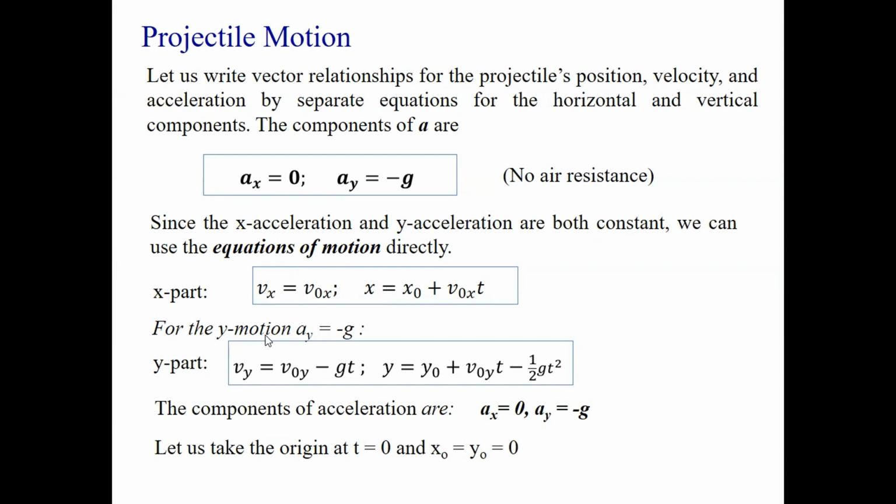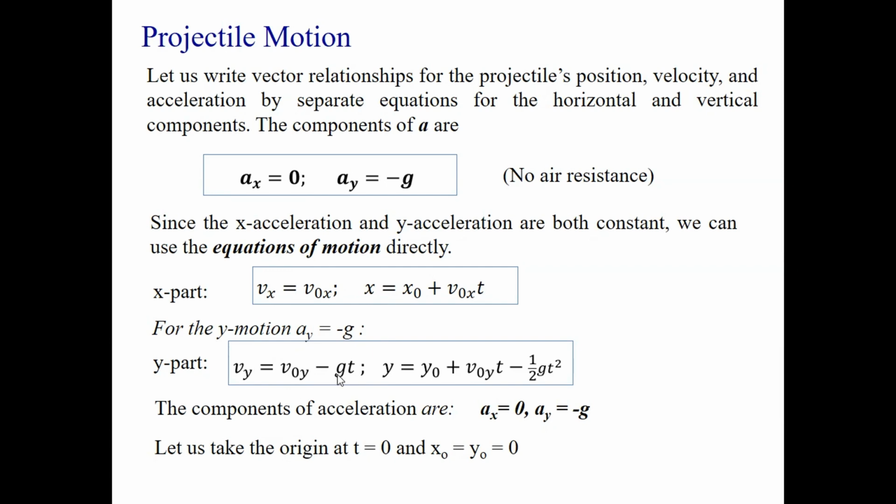For the motion along the y direction, we have acceleration equal to minus g, and the equation of motion is vy, the vertical velocity component at time t, equal to v naught y minus g times t.